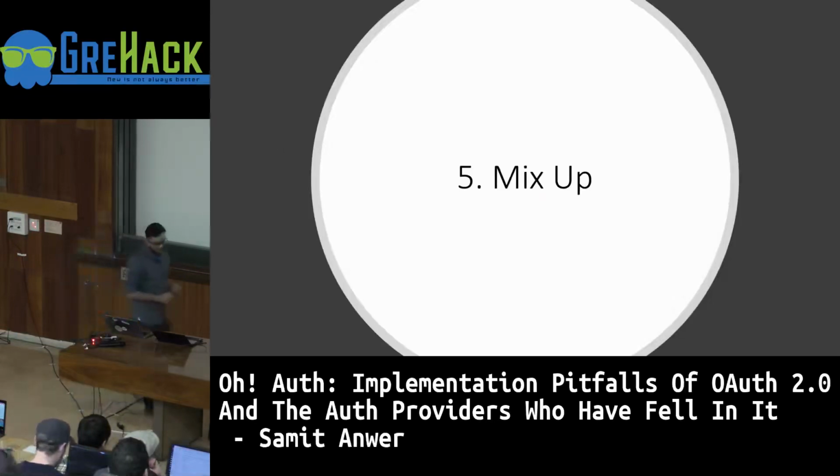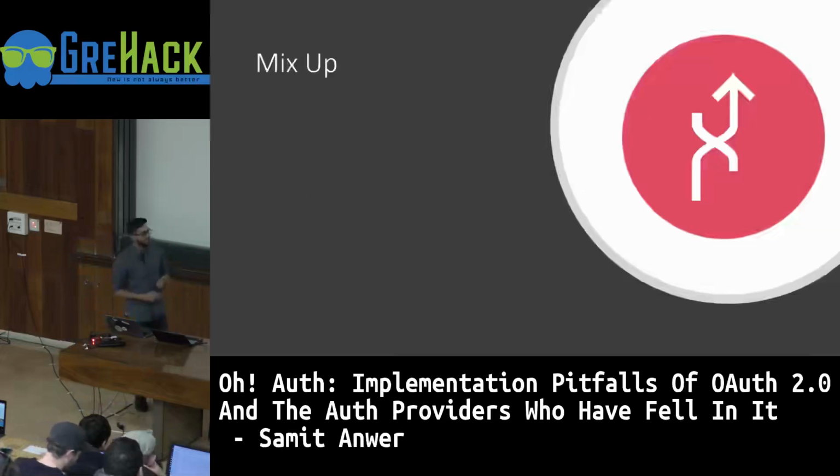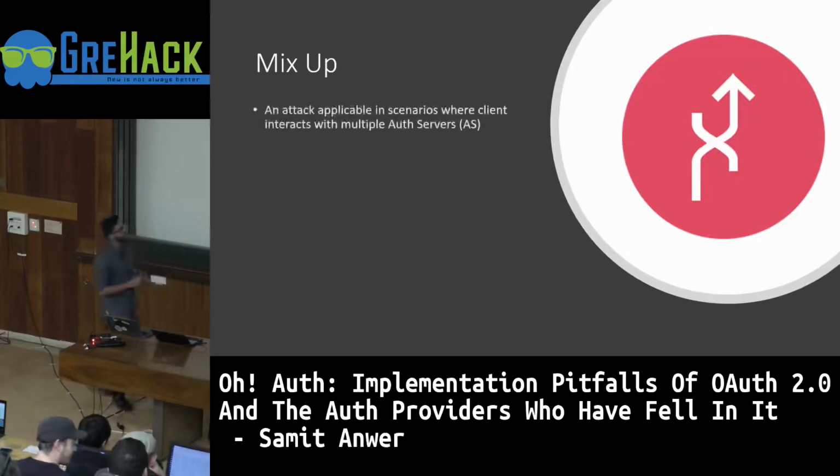Now this one is an interesting attack, and try to stay with me here because it gets a little complicated again. This happens when the client application has registered with multiple authorization servers like Facebook, Google, etc. And one of the auth servers turns malicious.